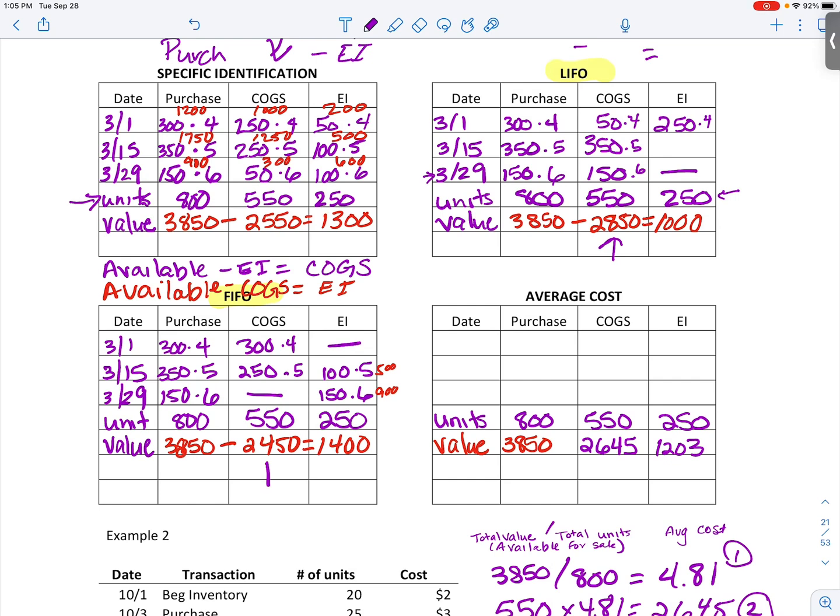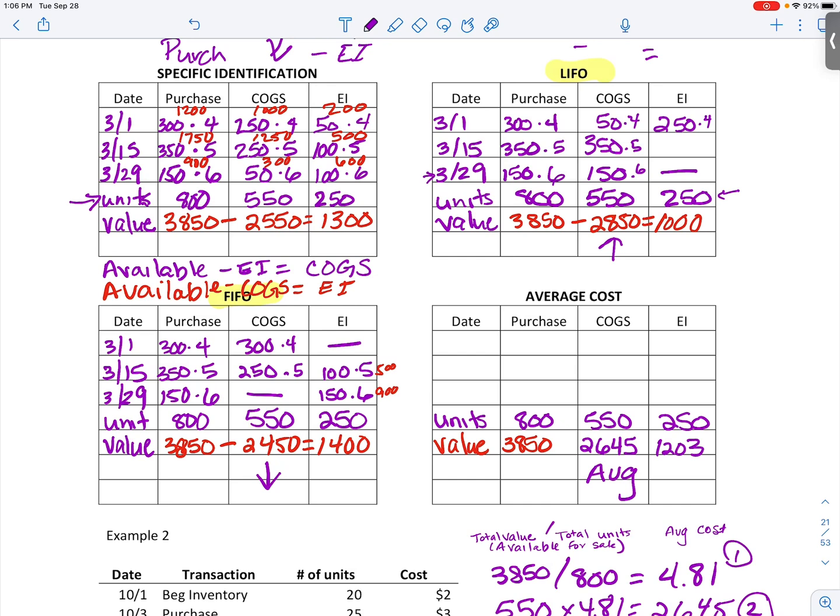So our cost of goods sold is low because we're taking the lowest purchases first. That means when you have the average cost, this should fall somewhere in the middle. So that's something that you want to check out. Make sure you did it right. Your LIFO, again, as long as those costs are rising, should be the highest cost of goods sold. Your FIFO should be lowest, and the average should fall in between.